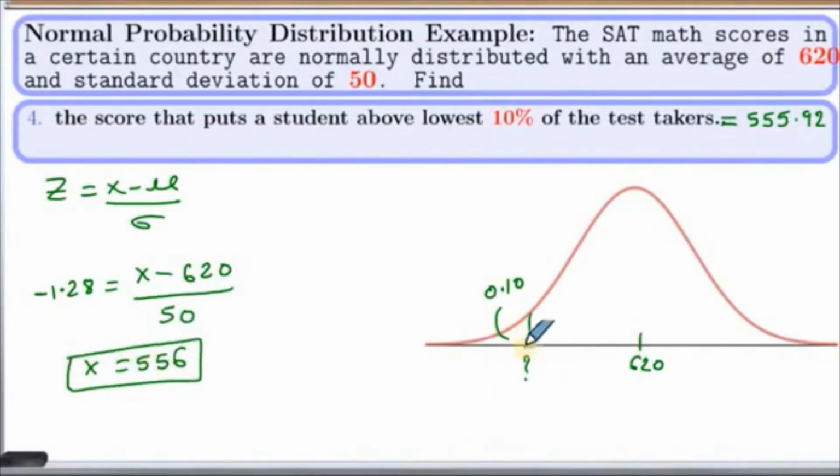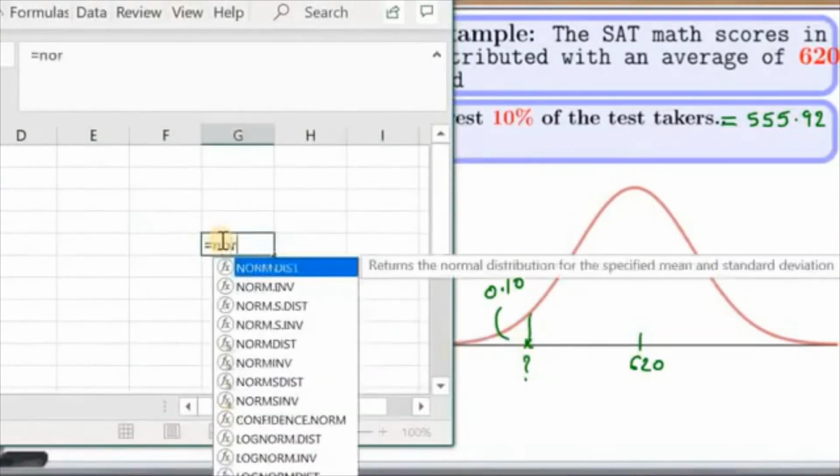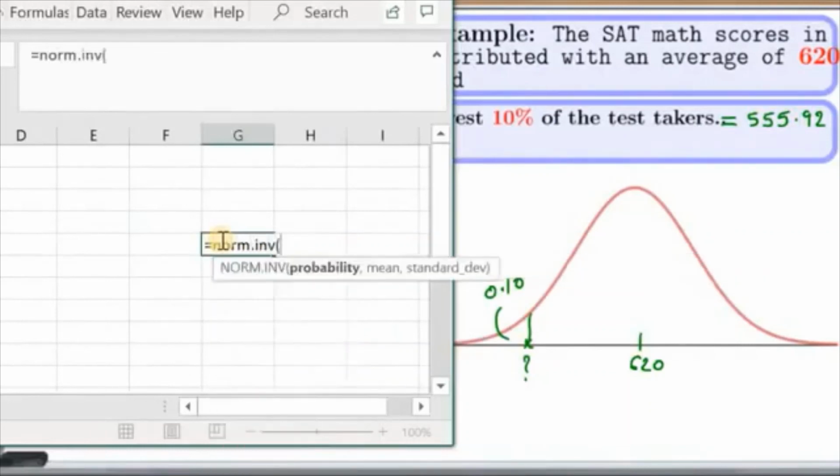Now let me show you how to find this point here using Excel. So for that, type in equals, then type in norm.inv, then put your parentheses. It takes area to the left, and we know the area to the left is 0.10, and the mean is 620 and the standard deviation is 50.